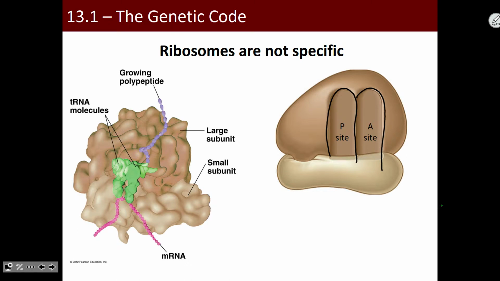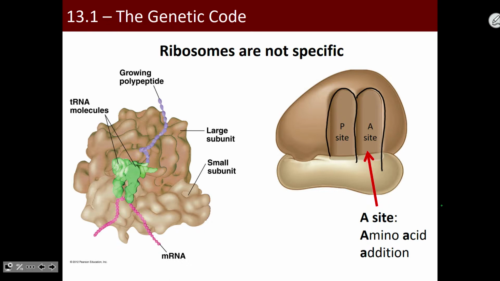Within the ribosome, we have 2 grooves where the 3-dimensional shape creates pockets. One of them is referred to as the A site, and one of them is referred to as the P site. The A site is where the new amino acid is going to come in. So A is the amino acid addition site. So the tRNA that slides into that A groove is going to be carrying a single amino acid, and it's bringing it to add it to the growing chain, the growing polypeptide.